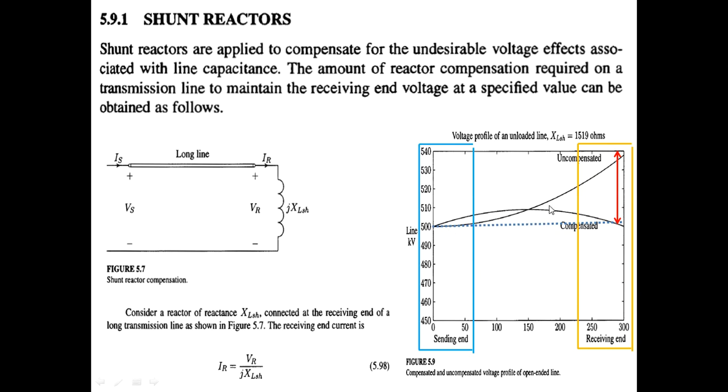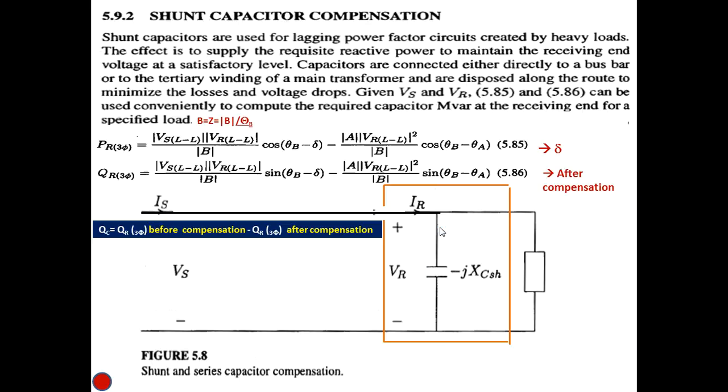See here the uncompensated line, how the rise of voltage at the receiving end is very, very high, while for compensated lines, the receiving voltage level is similar or very close to the voltage level at the sending end.